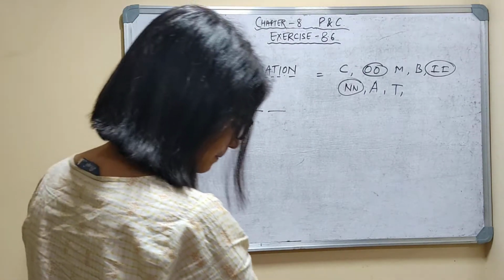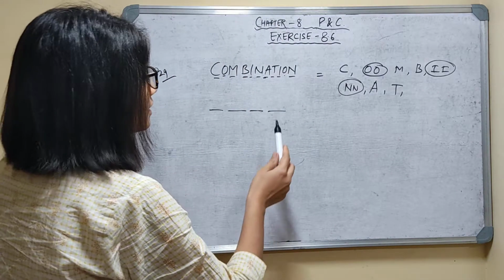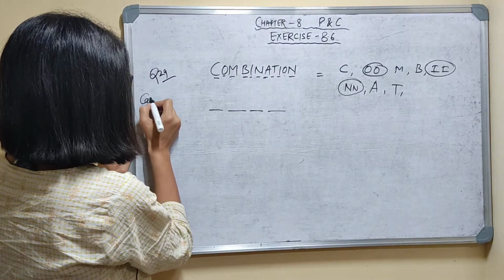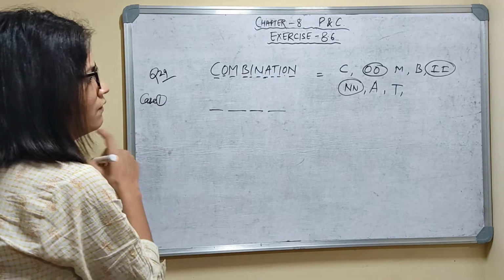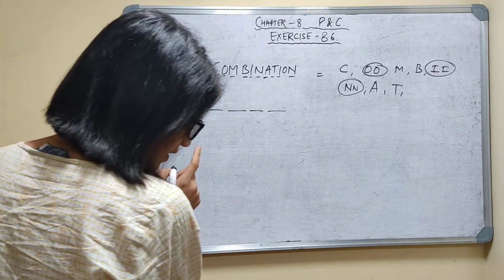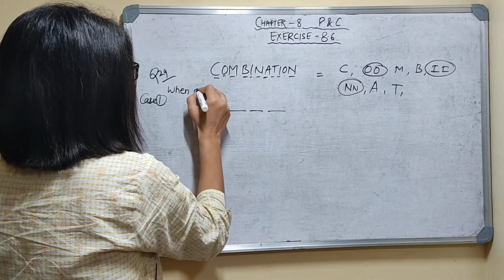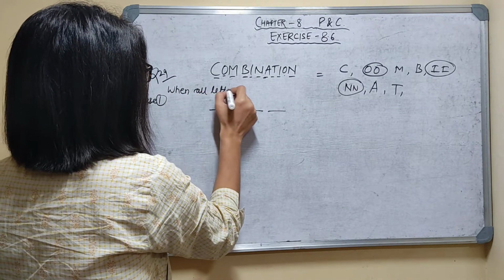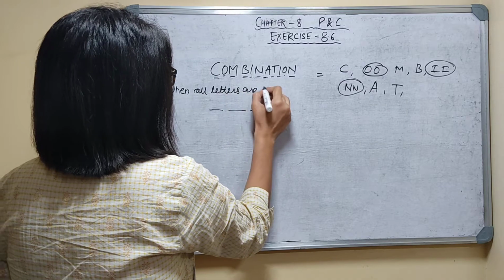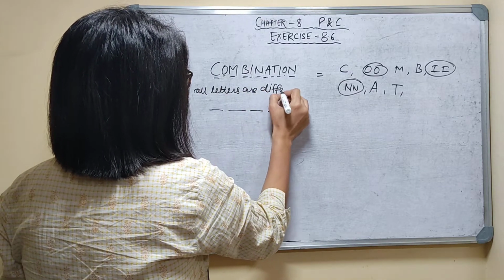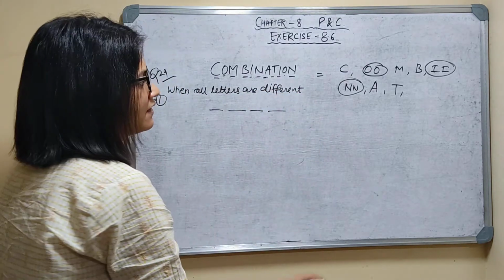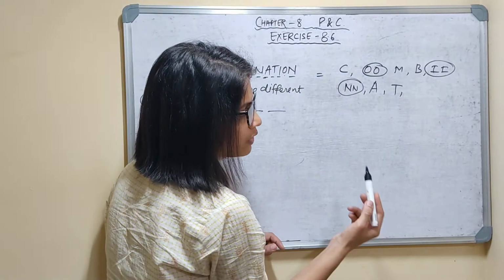So how will you make it? First case: when all letters are different. How many different letters are there? O comes two times, so I can take only one.